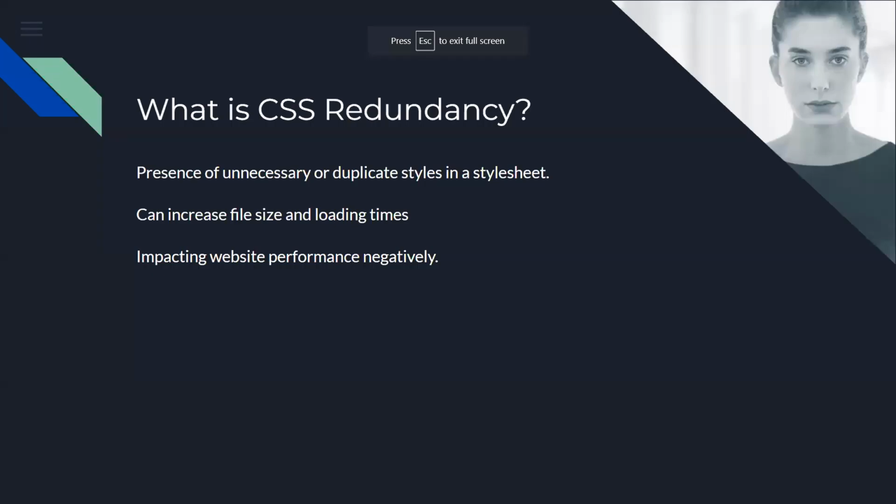Redundancy refers to the presence of unnecessary or duplicate styles in the style sheet. It should be reduced because it can increase the file size and loading times. It also impacts the performance of the site in a negative way.